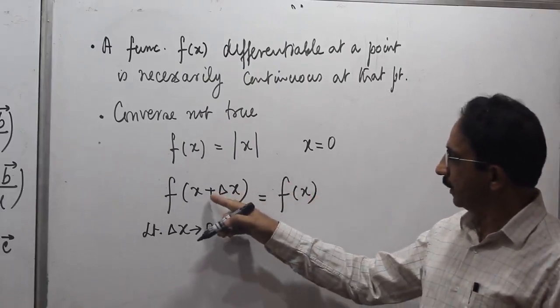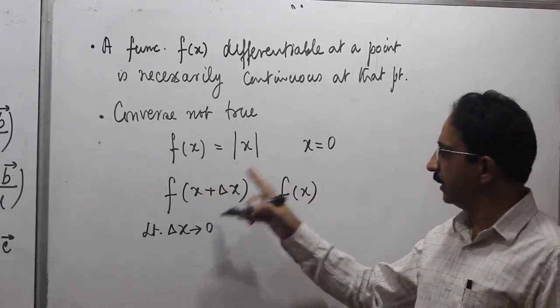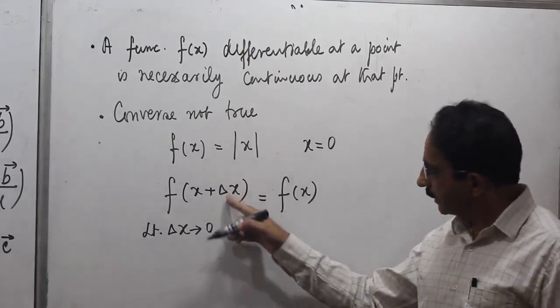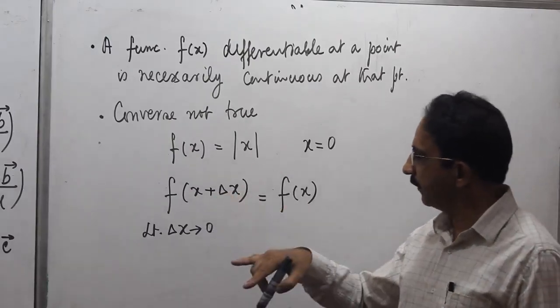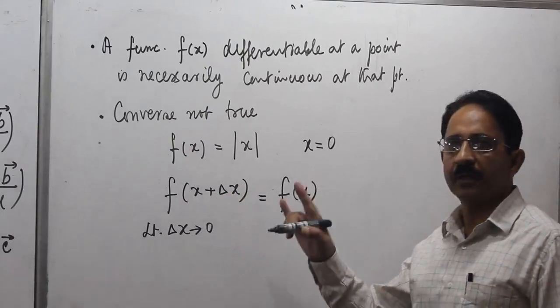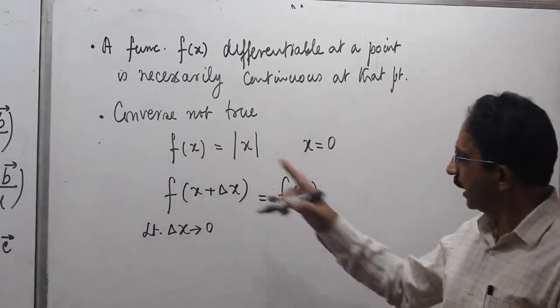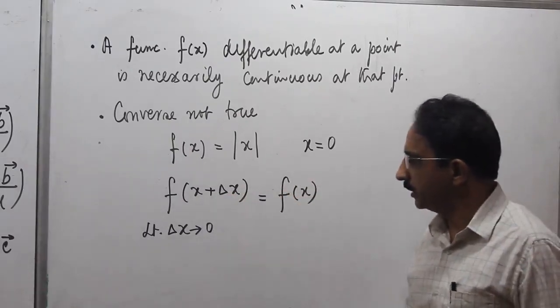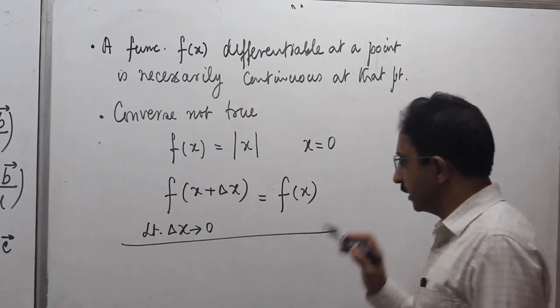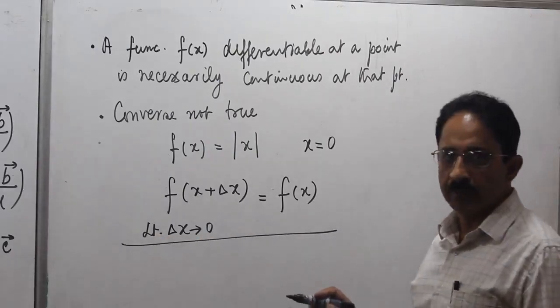If I slightly increase the value of x, I obtain a right hand limit. If I slightly decrease the value of x, I obtain a left hand limit. If the right hand limit and left hand limit are equal to the value of the function at the given point, the function is continuous. So this concept we can use for a two variable function also.